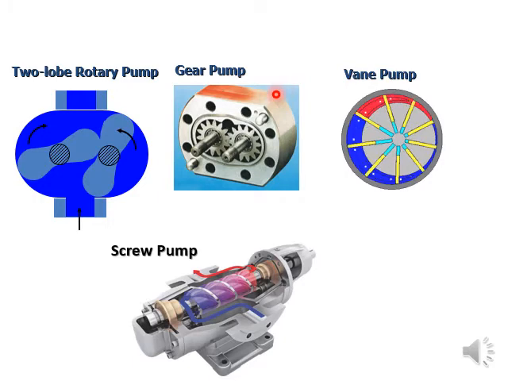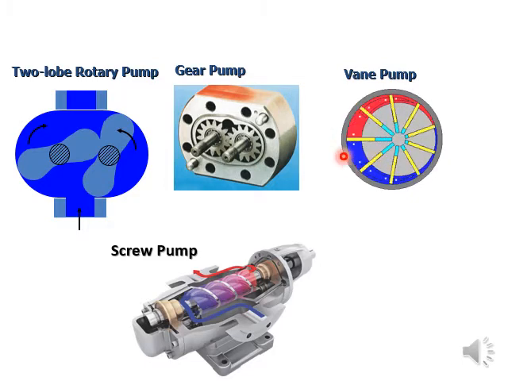And this slide also shows us a few more rotary type positive displacement machines. This is a lobe pump, a two lobe rotary pump. These are the two axes about which these lobes are rotated.